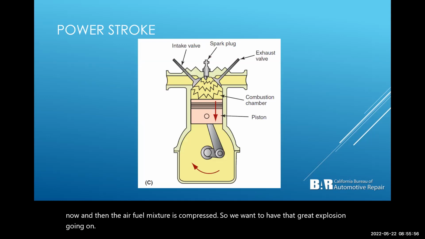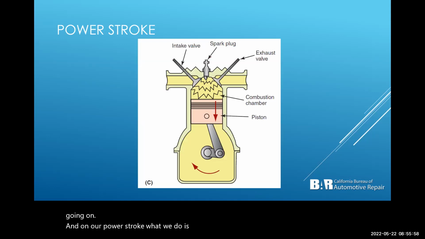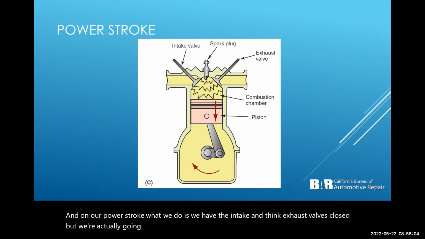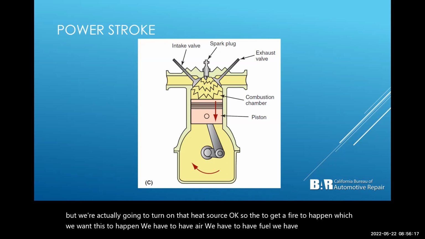And on our power stroke, what we do is we have both the intake and the exhaust valves closed, but we're actually going to turn on that heat source. Okay, and to get a fire to happen, which we want, we have to have air, we have to have fuel, we have to have some kind of ignition source.